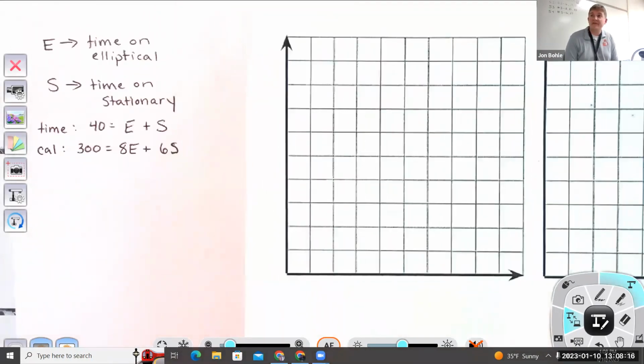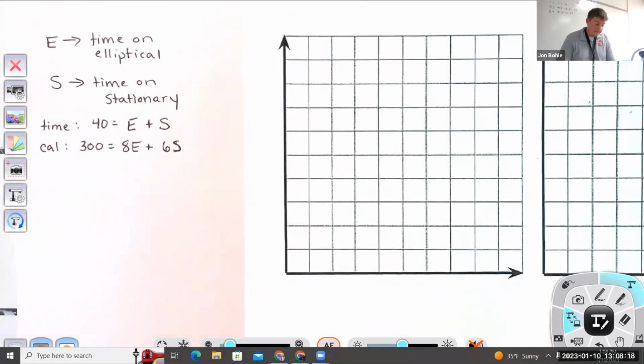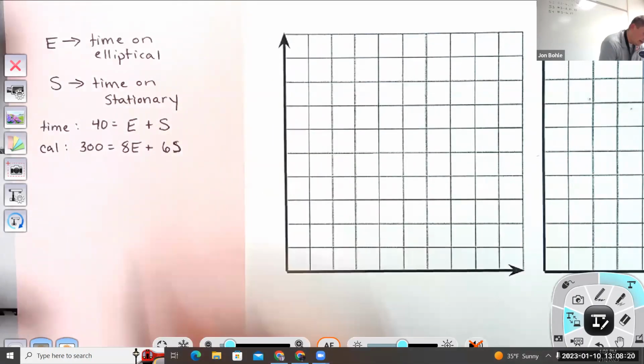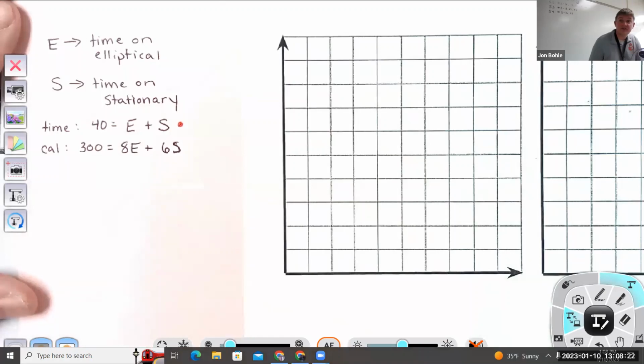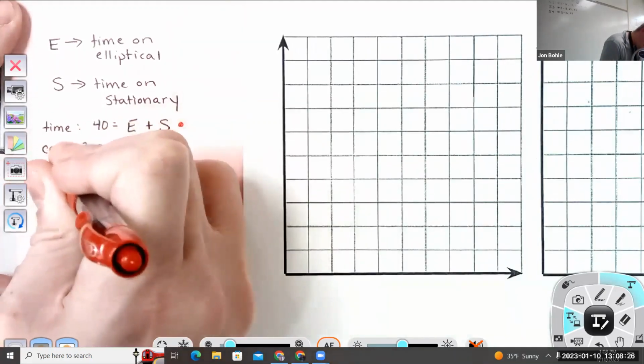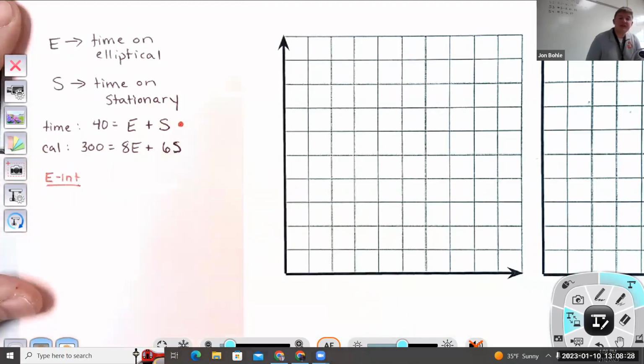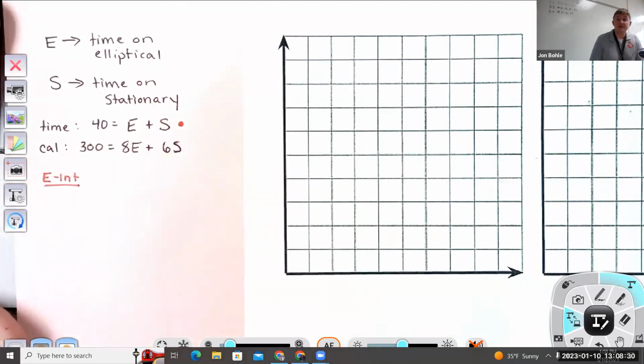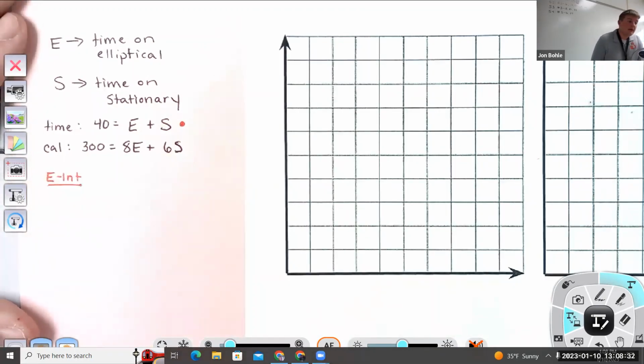If I want to graph this, I need to find the E-intercept and S-intercept. What's an important fact we should know about the E-intercept? S equals 0.